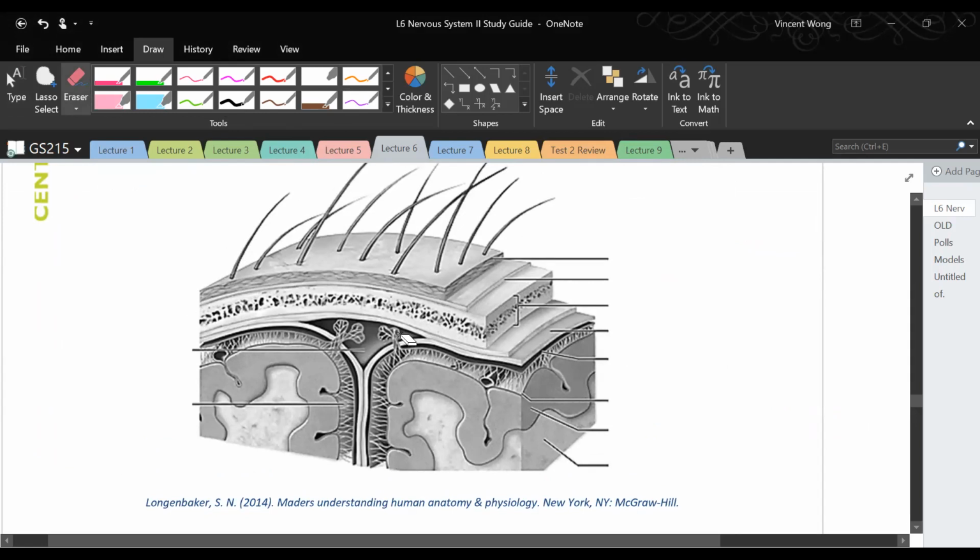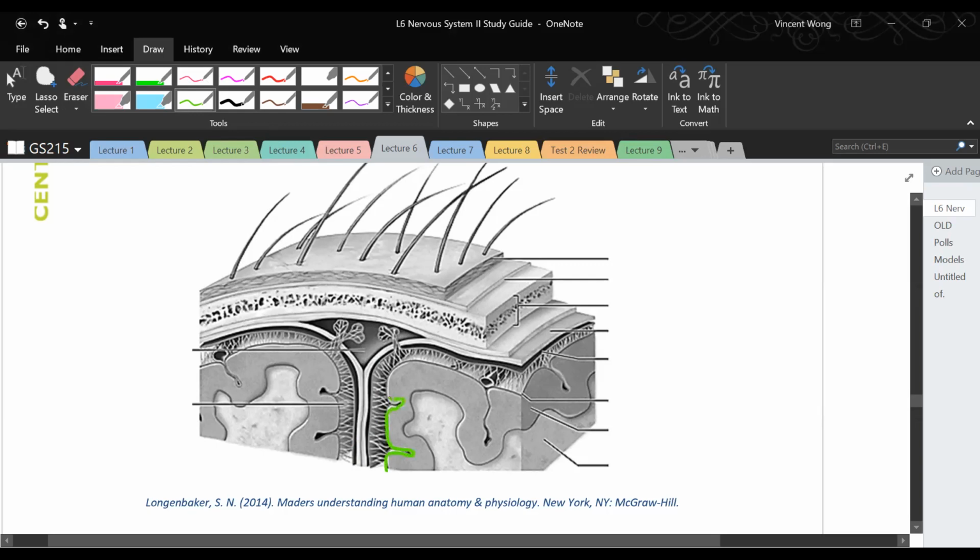And then you can see the dura mater actually is 2 layers, okay? And it separates into a cavity here in the medial side of your brain to form the dural venous sinus. That's for draining your CSF, okay? So let me just highlight this for you.